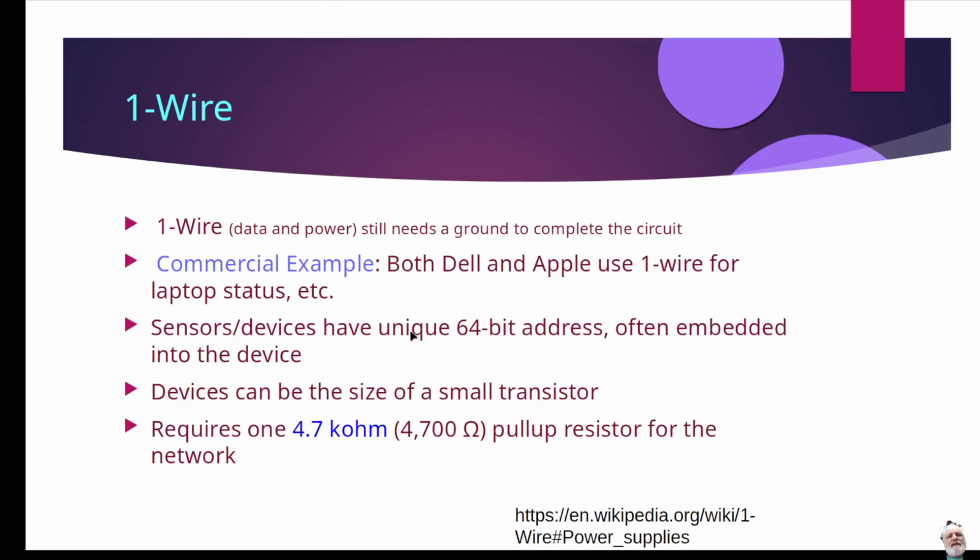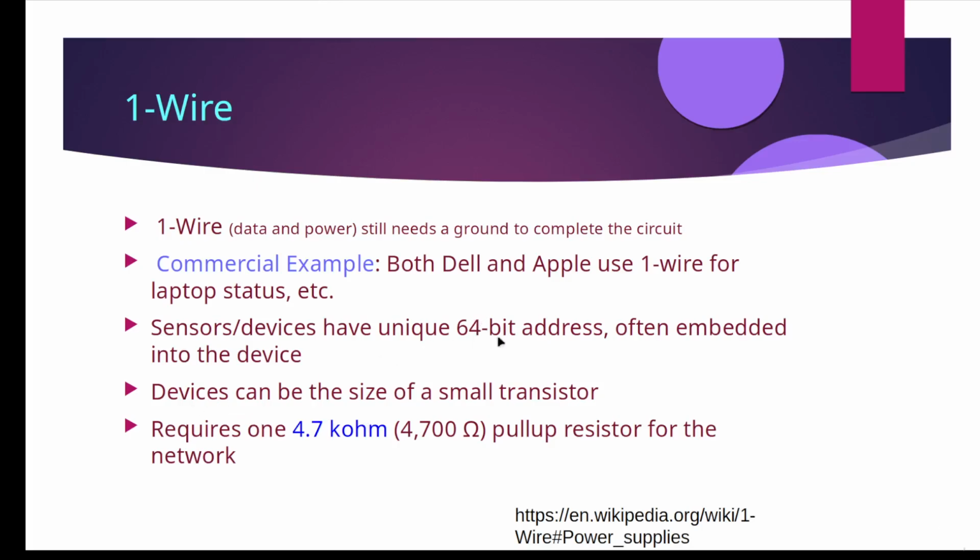Okay. Now this is a digital bus, and so you can put these different devices on it, and you can have a 64-bit address. So when you think about how many devices can I put in this, well, that would be 2 to the 64th power, which is a huge amount that theoretically you could put all on the same network.